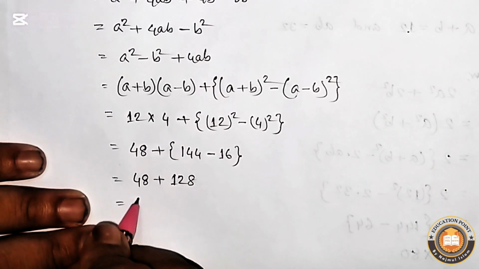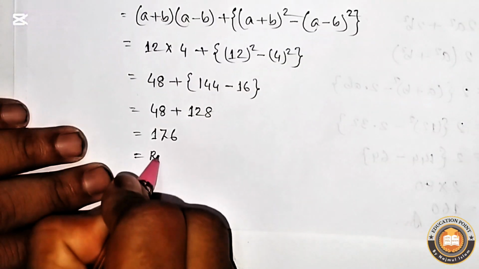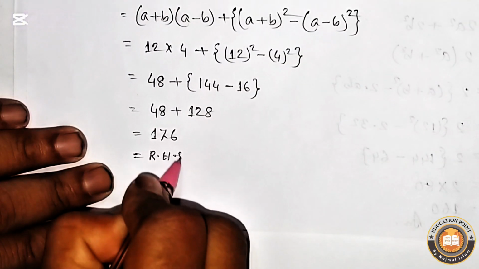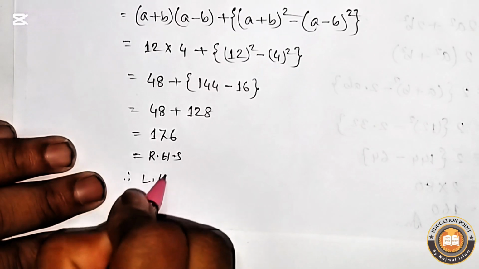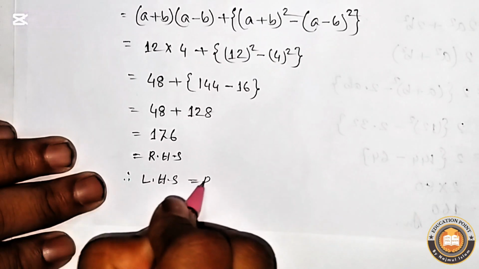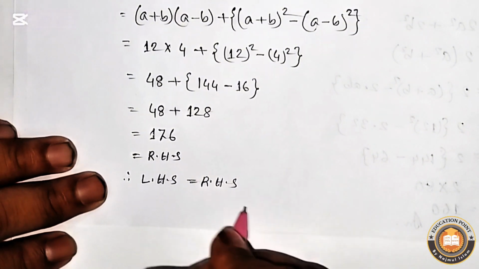So their added value is 176, equal to the right hand side. So left hand side equals right hand side. Proved.